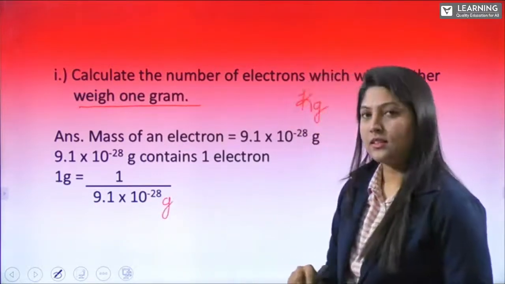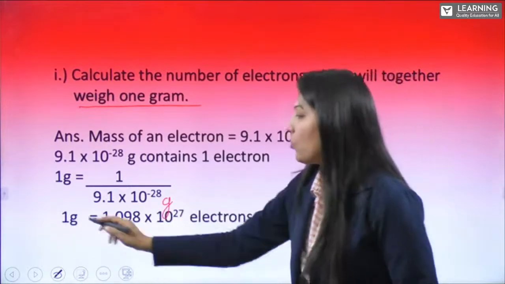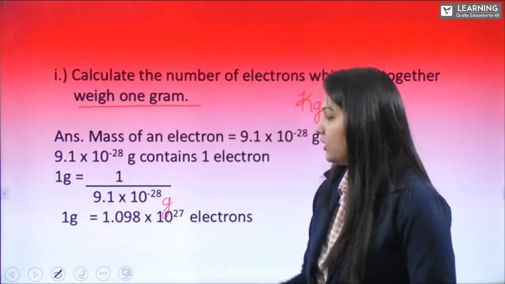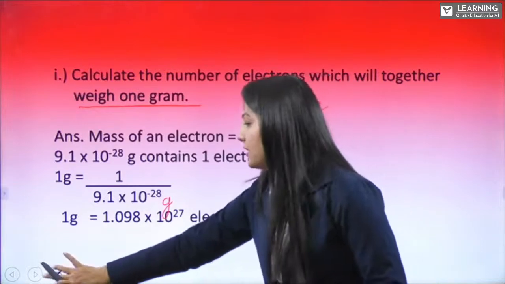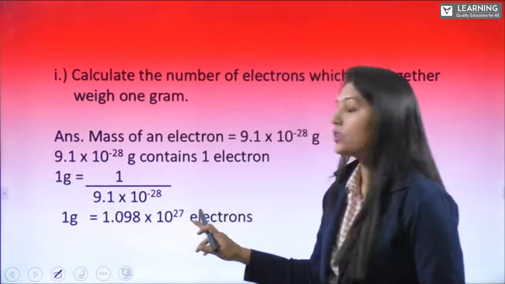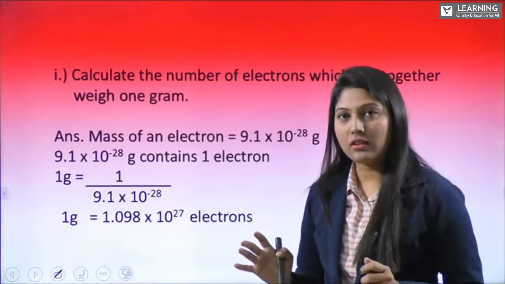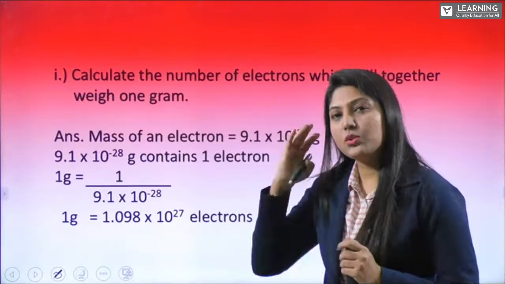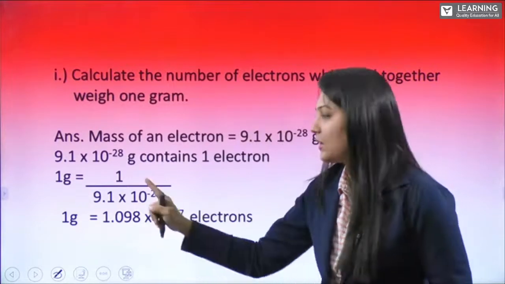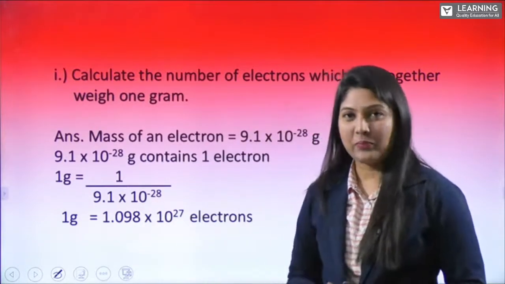Right? So here you get 1 gram consists of 1.098 into 10 raised to 27 electrons. Can you imagine? About 10 raised to 27 electrons are present in 1 single gram.